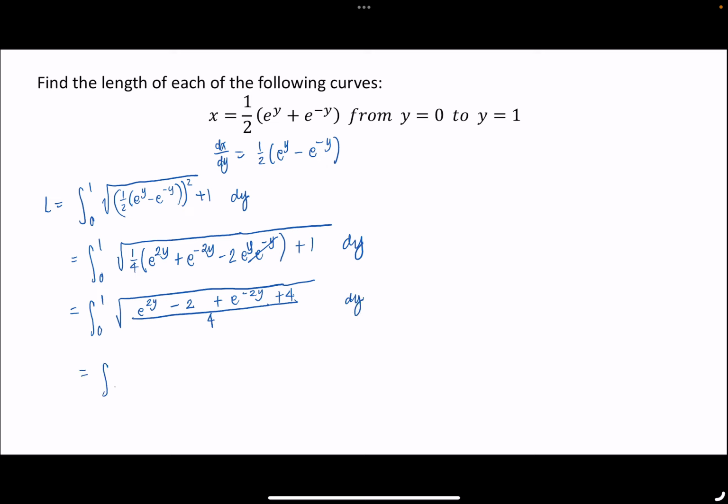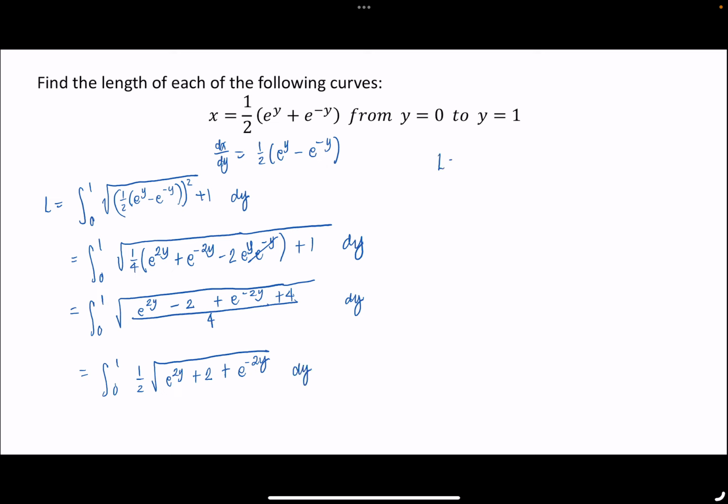So this would be the integral from 0 to 1. And then we have 1 half square root of e to the 2y. Negative 2 plus 4 is positive 2 plus e to the negative 2y dy.